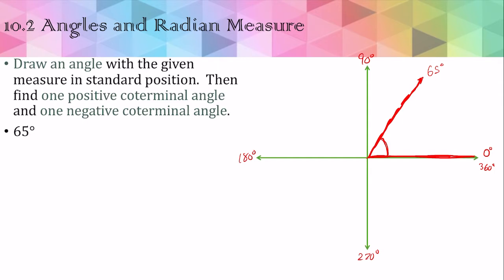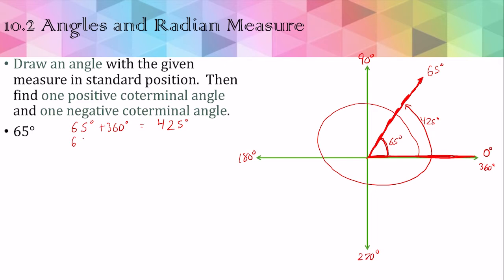Now let's find the coterminal angles. We can add or subtract 360. Plus 360 would give me 425. So that's going all the way around and to there.